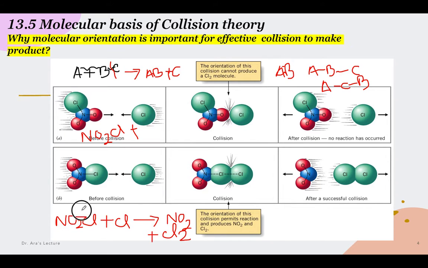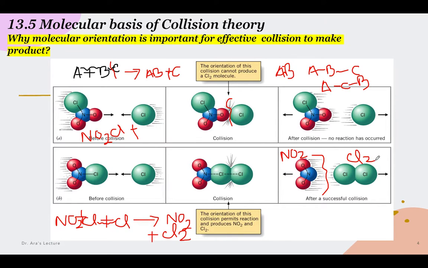This bond should break and these two chlorine atoms should come close together. Here you can see before the collision, and here during the collision, they collide. After a successful collision, we can see the product formed: NO2 here and Cl2 here.